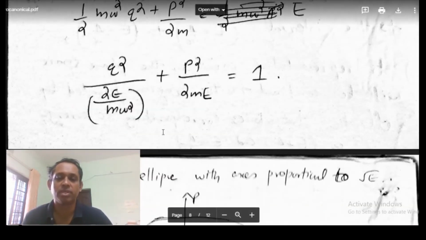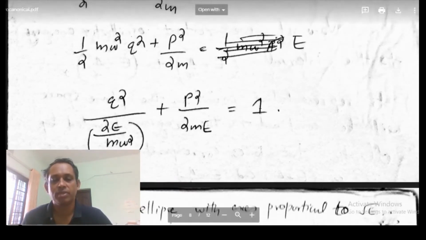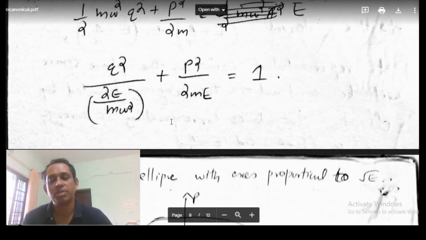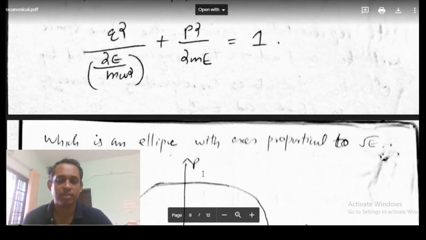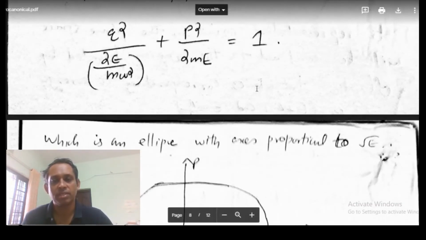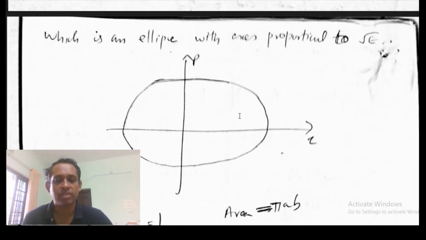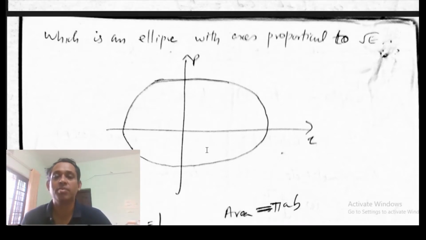This is the equation derived from this, and it is the equation of an ellipse. So if we take a point in the phase space, p and q, corresponding to this energy, that phase point will be moving through the phase space along an ellipse. The trajectory will be an ellipse.